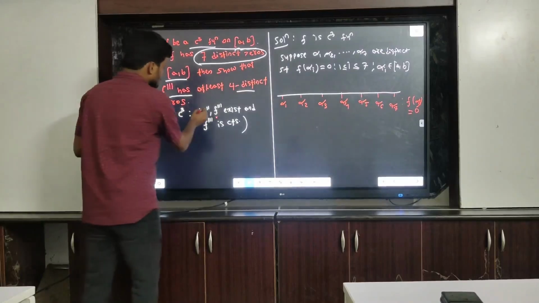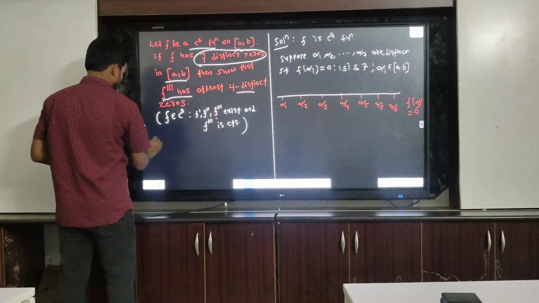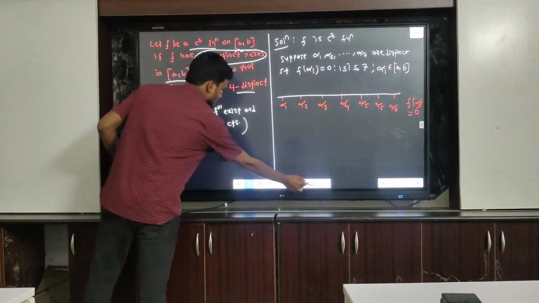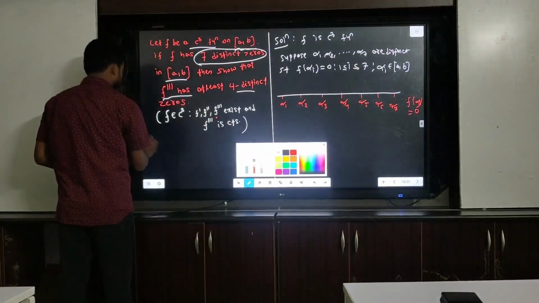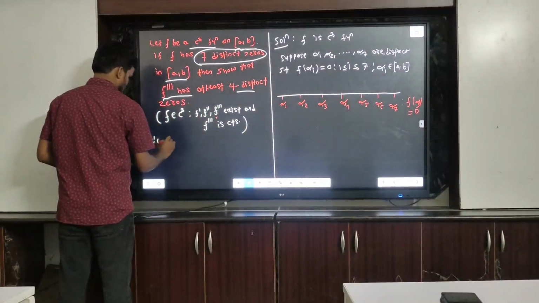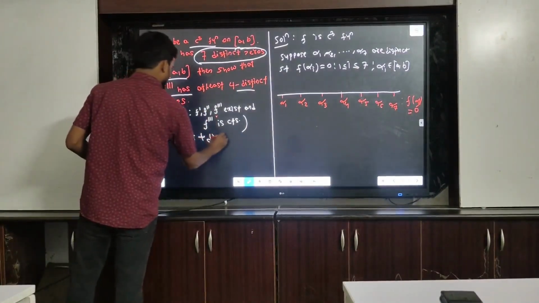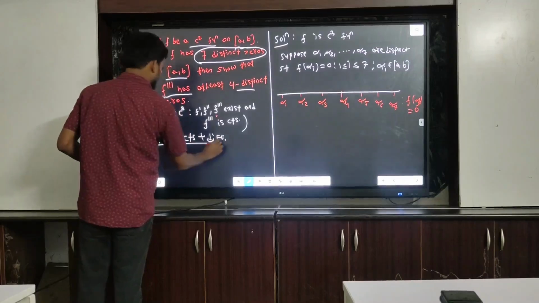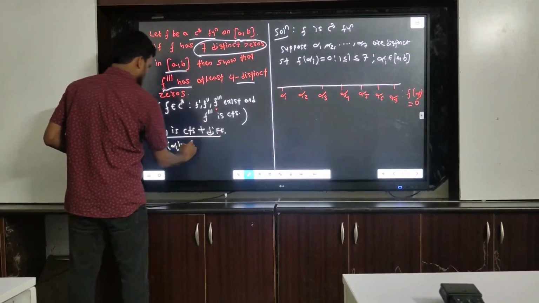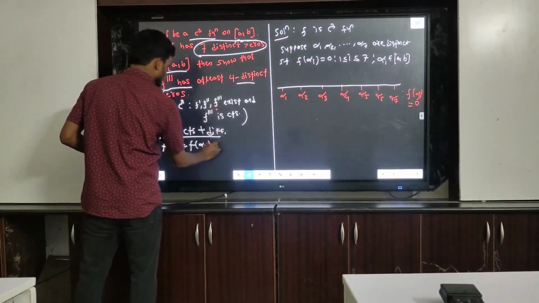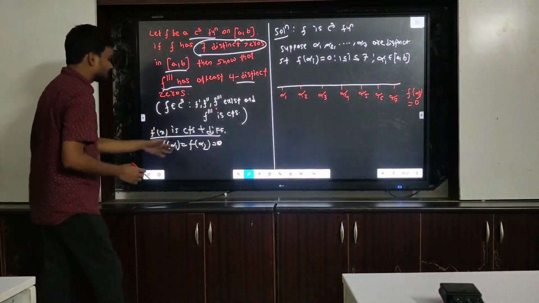So let us first take f dash x, which is continuous and differentiable, and f of alpha 1 is equal to f of alpha 2 is equal to 0, right? That means continuous and differentiable.